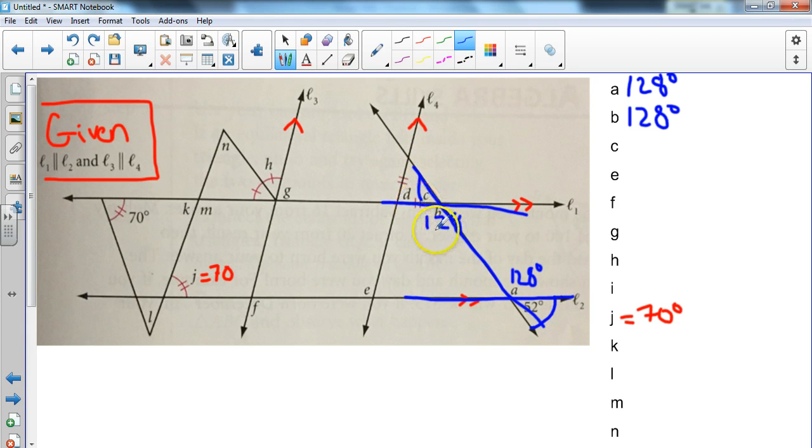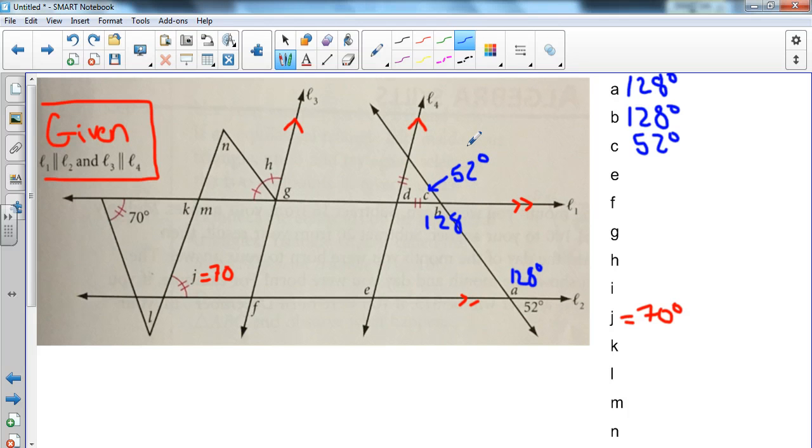So either we could think linear pair here, so C has to be 52 degrees, or we could identify C and this angle that's already 52. They're alternate exterior angles, so therefore they have to be congruent. I said oops because my C went away, but this is 52 degrees, right?